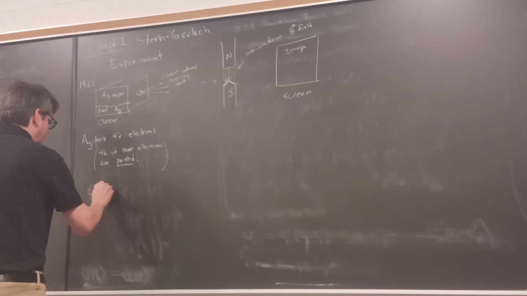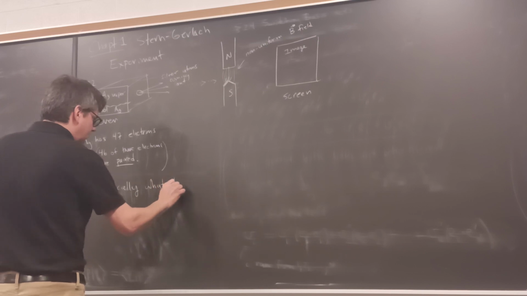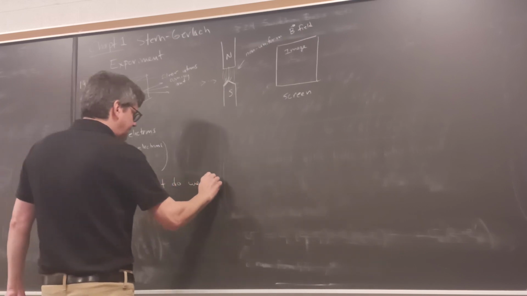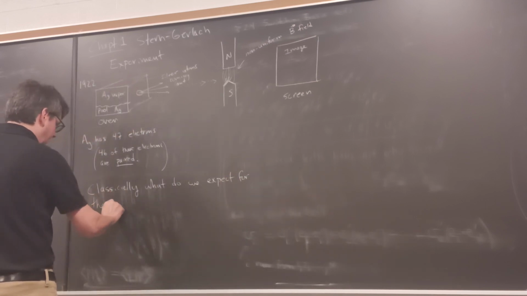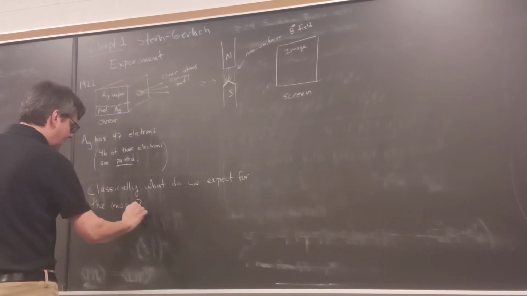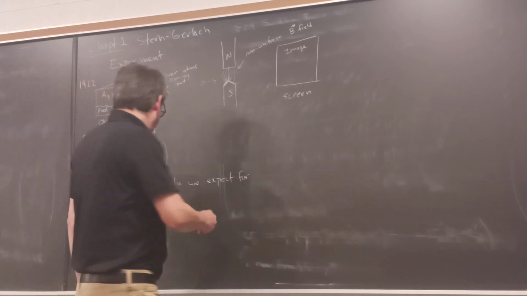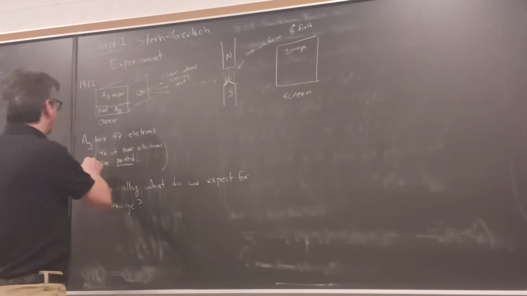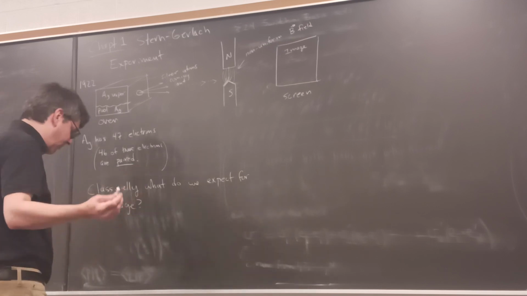And so classically, what do we expect for the image? Wouldn't it be kind of a Gaussian, like it would be most in the middle and then it would diffuse across the image? Yeah, that's pretty much right. But since we know that electrons have a magnetic moment, let's go ahead and see if we can reason our way through that, but you're right.